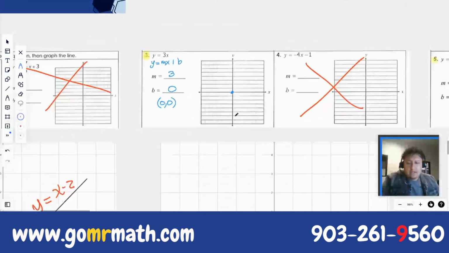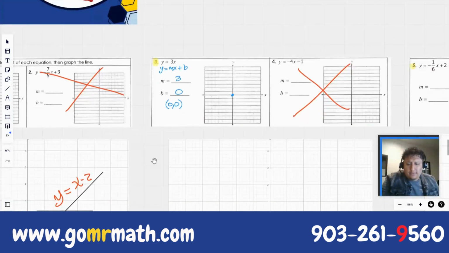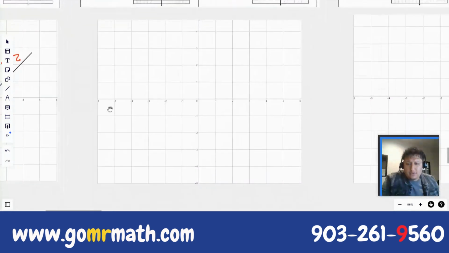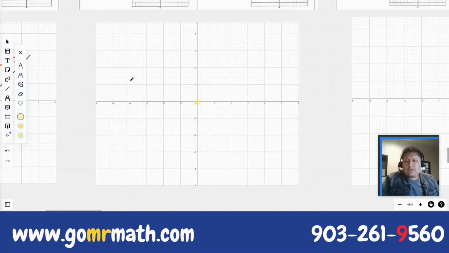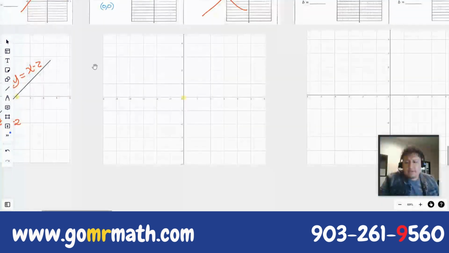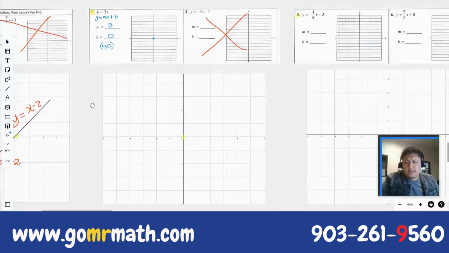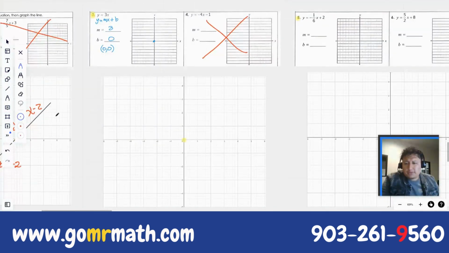Let's place this point. The first point was 0, 0, right there. Now we need to calculate another point. So let's calculate this point for the equation y equals 3x.